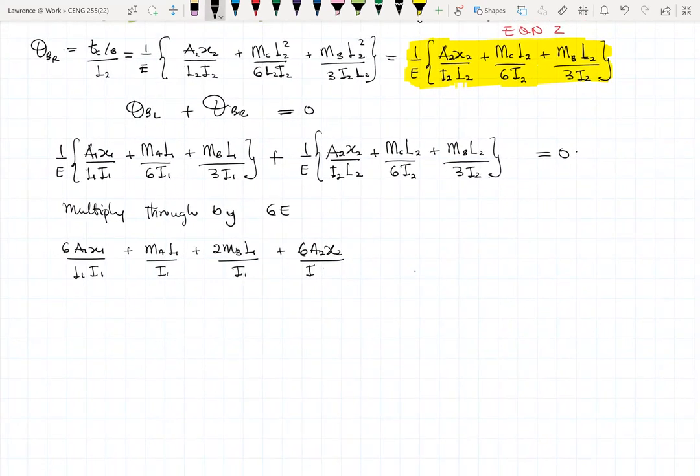Sometimes my I and my L look very similar, sorry. Then plus 6MC L2 over I2 plus 2MB L2 over I2 equals 0. This is easier to work with.